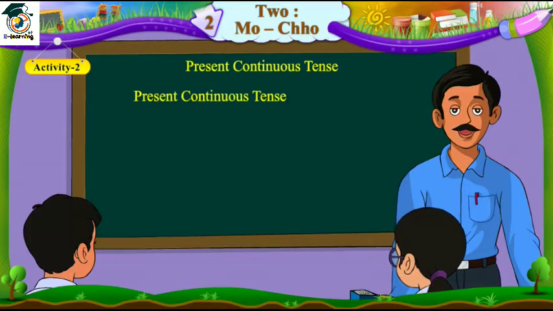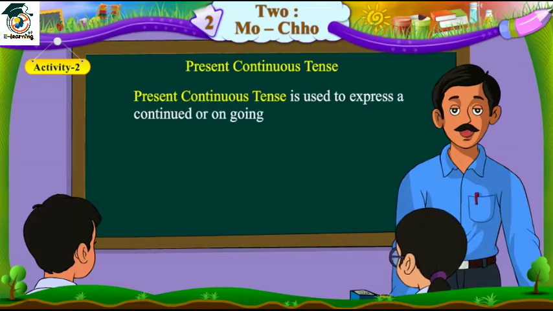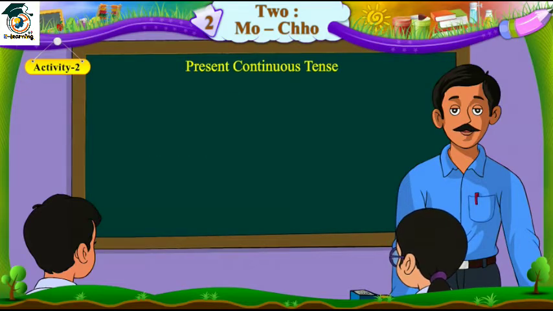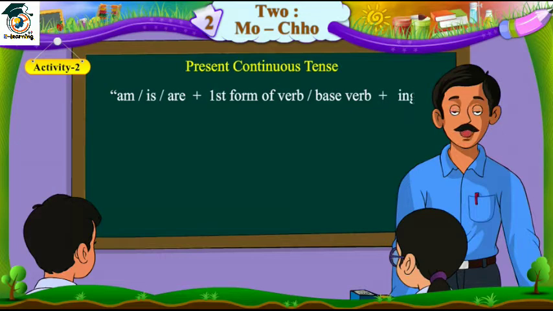Present continuous tense is used to express a continued or ongoing action at present time. It expresses an action which is in progress at the time of speaking. Hint: am, is, are plus first form of verb or base verb plus ing.